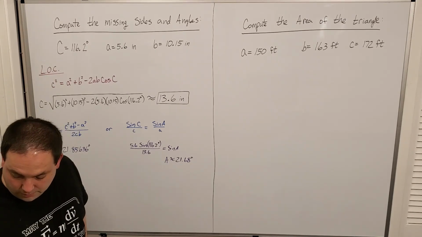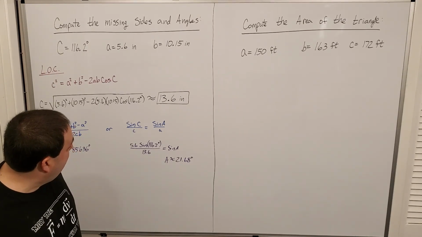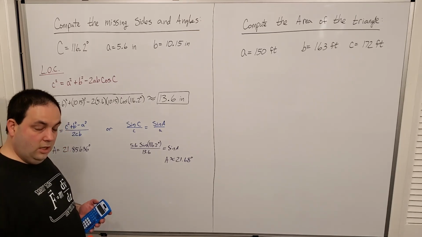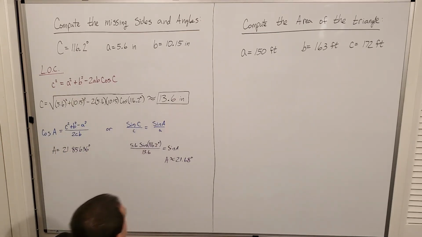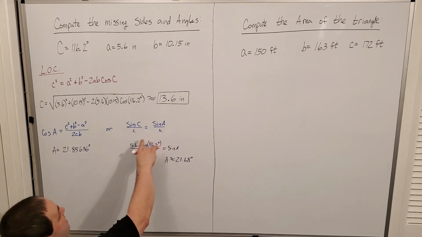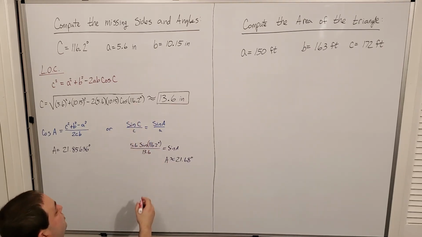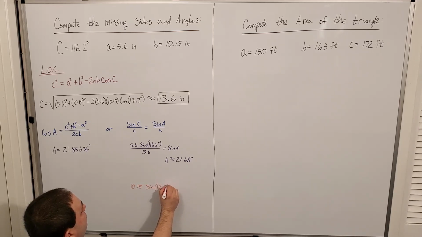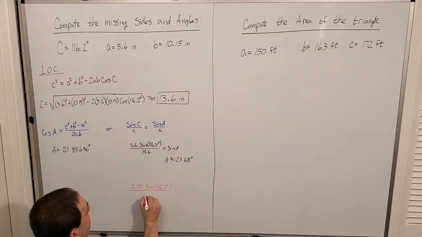So here's what I'm going to do. I'm going to do just that. I am going to calculate angle B using another law of sines real quick here. So for angle B, instead of 5.6, I'll use the 10.15. Sine of 116.2 degrees, divide by 13.6.